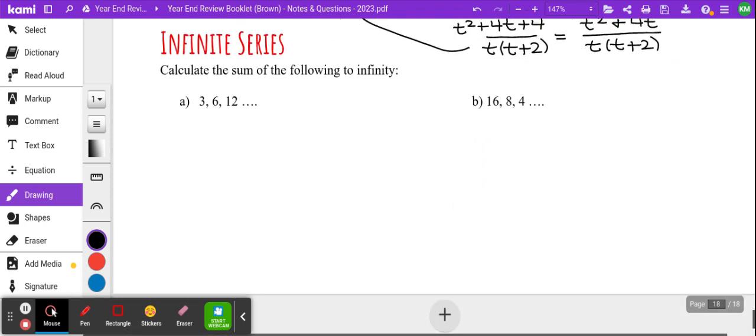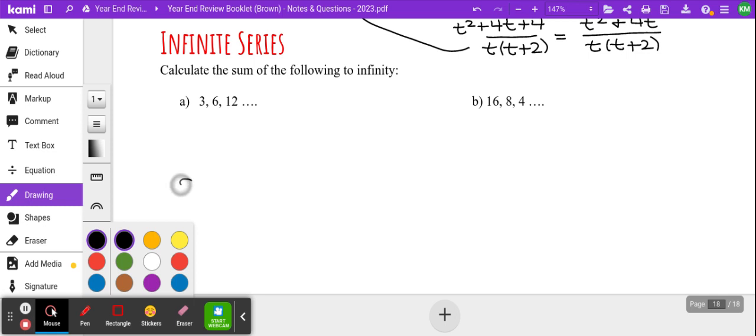What if I say infinite series and I say calculate the sum to infinity? Yeah, sum to infinity, or S infinity, and it will be on your formula sheet, equals t1 divided by 1 minus r. But sometimes you're not allowed to. Would you agree this is the whole idea of convergent or divergent?